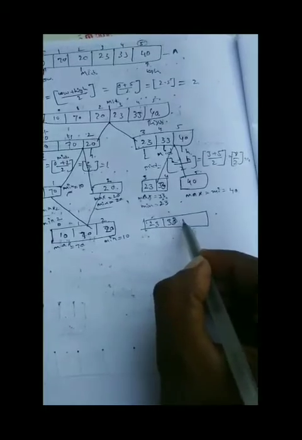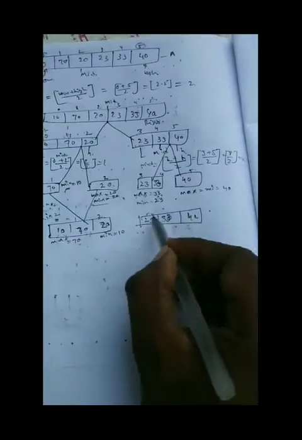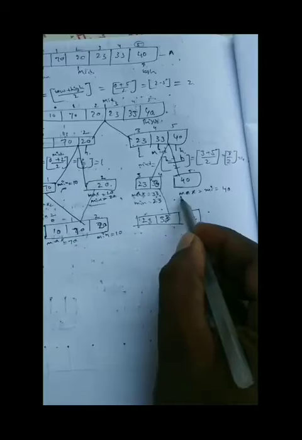Likewise, by combining these two sublists, we get the final maximum and minimum element.